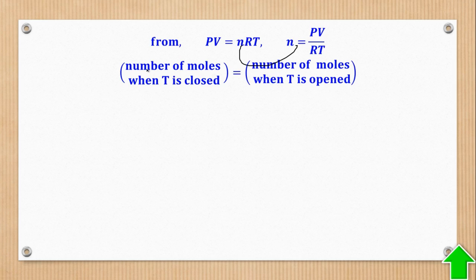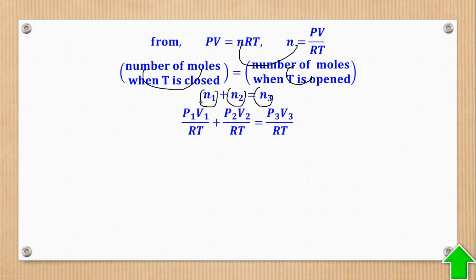So here it means that when T is closed and when T is open, the number of moles will be equal. So when T is closed, the number of moles is due to cylinder P and this one due to what is in cylinder Q. Then here is the number of moles when it's open. So for cylinder P is that, Q, and total after.